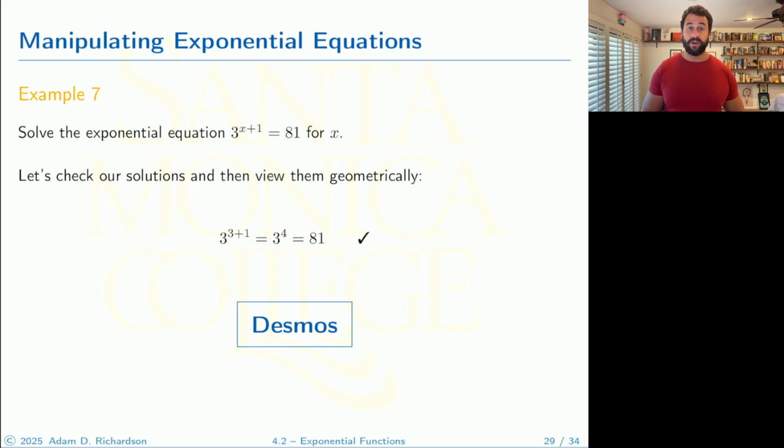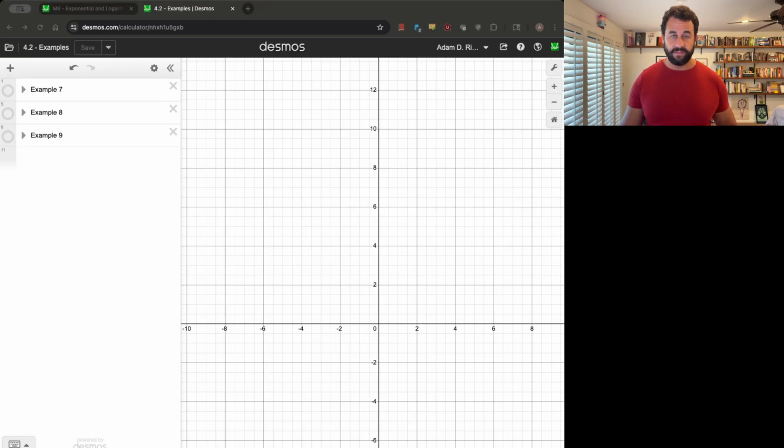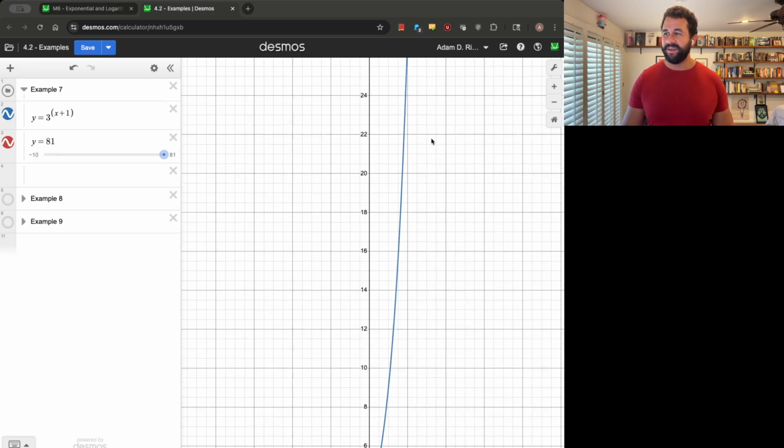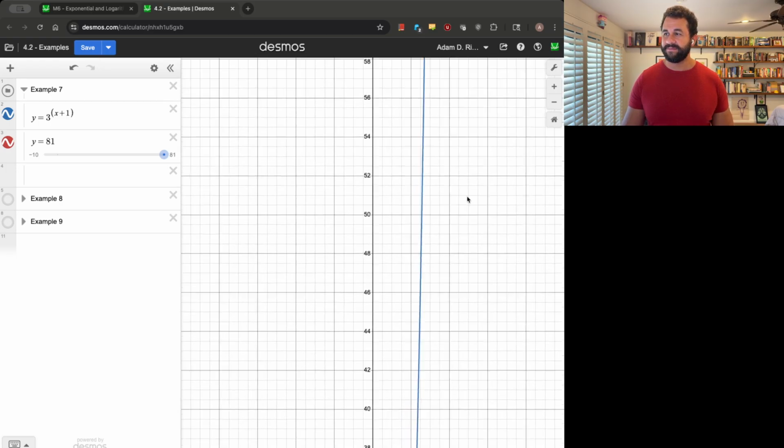So let's take a look at that right now. Let me pull that up on Desmos. Where are you? There you are. And let's get some geometric intuition for this algebraic result. We're looking at example 7 here. This is the graph of y equals 3 to the x plus 1. I've got it graphed in blue right here. And then here's the line y equals 81. You can't see it yet because 81 is way up here.